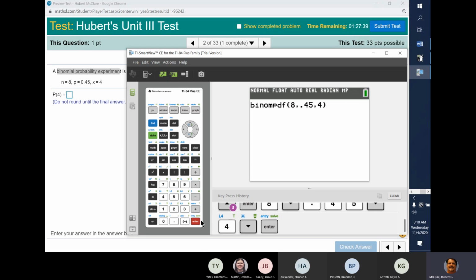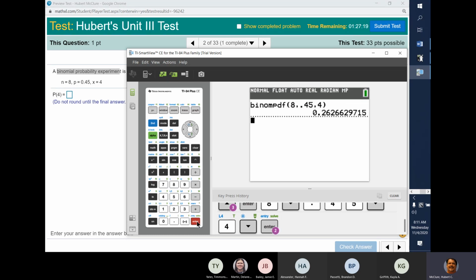If you have an older calculator, when you hit binomial PDF, it'll give you a parenthesis right here, and then you type in 8, 0.45, 4, and then parentheses. So depending on how old your calculator is, you're going to have one of the two.